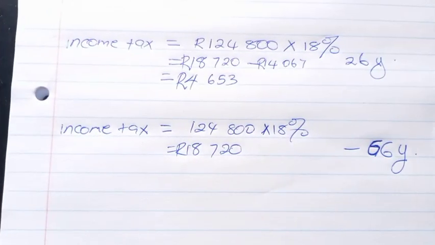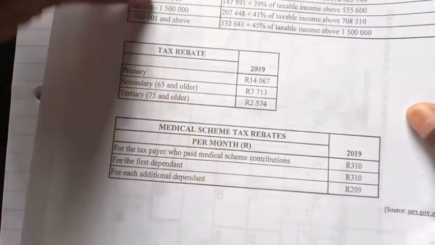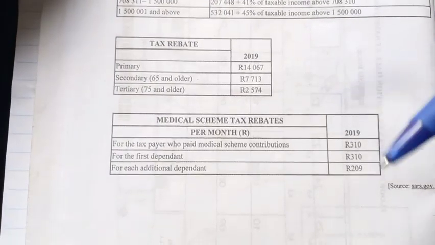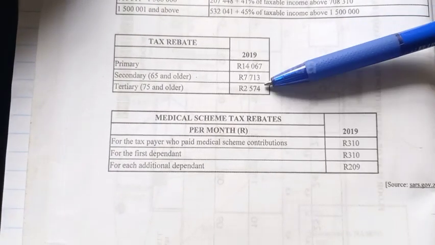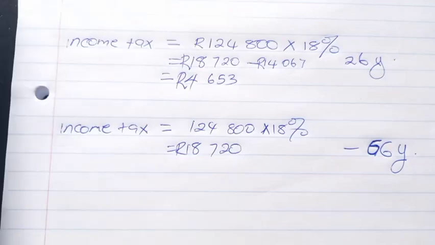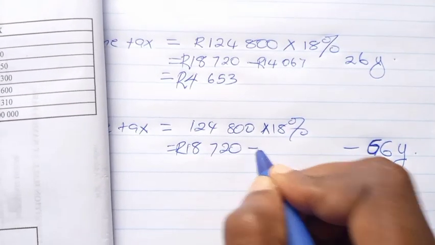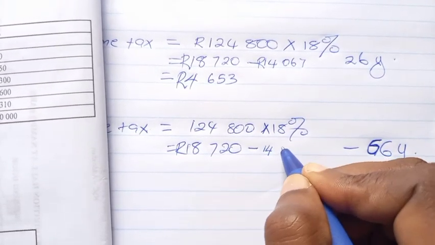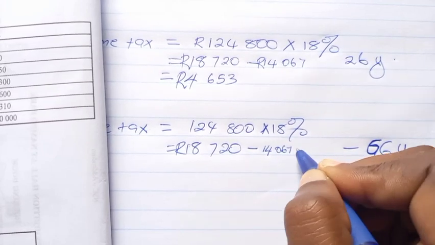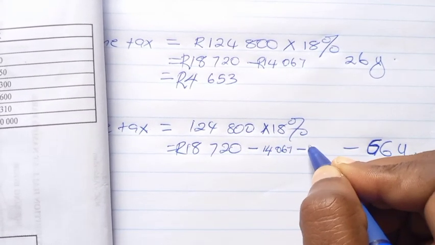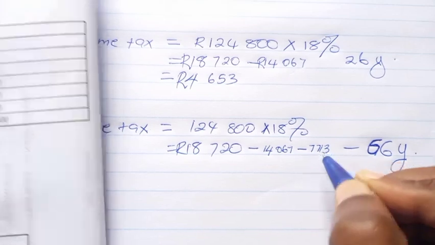All right, now we're going to look at Sally when she turns 66 years old. The Sally that's 66 is going to get a discount twice. The rebate is going to be calculated twice. So we say minus the primary rebate, which is for everybody, and then minus the one for her age, which is 7,713.